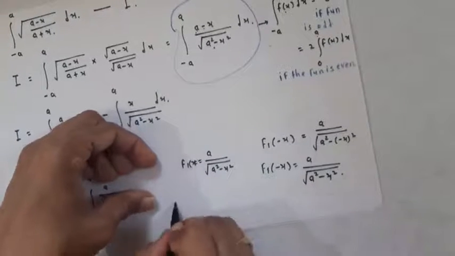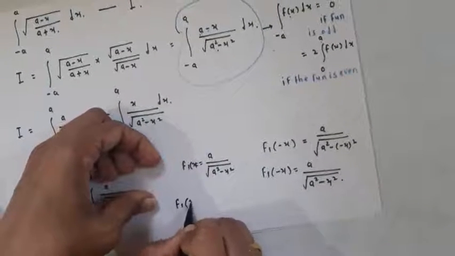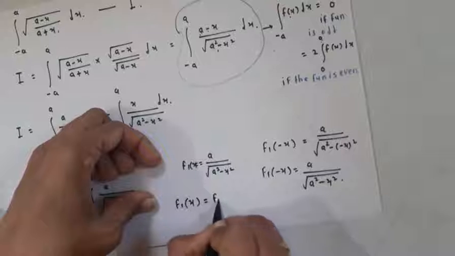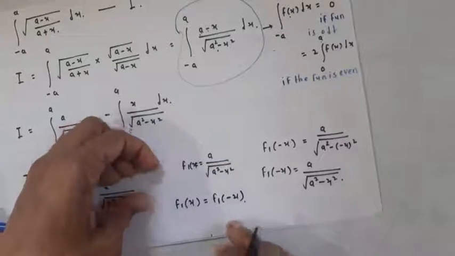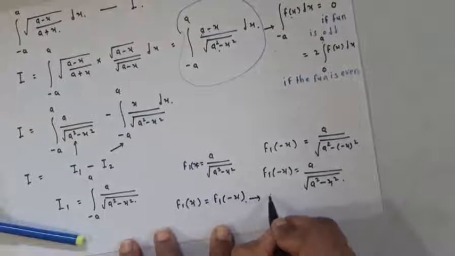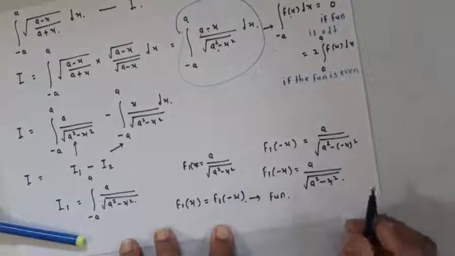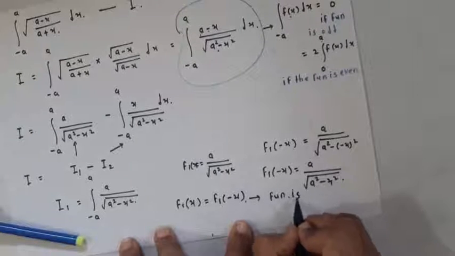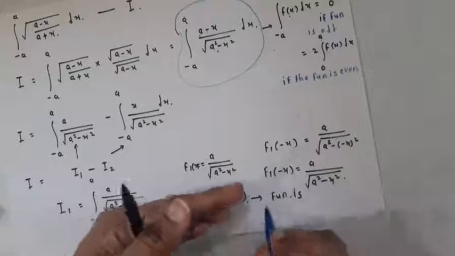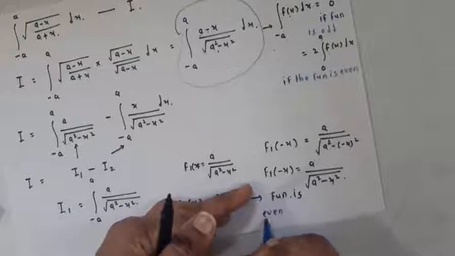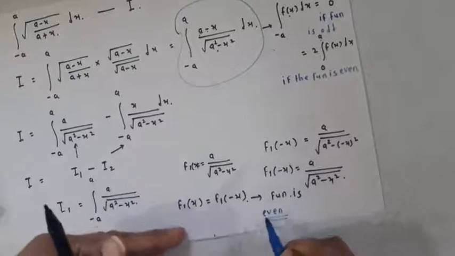Here f1 of x equals f1 of minus x. Both are the same, hence the function f1 is an even function.